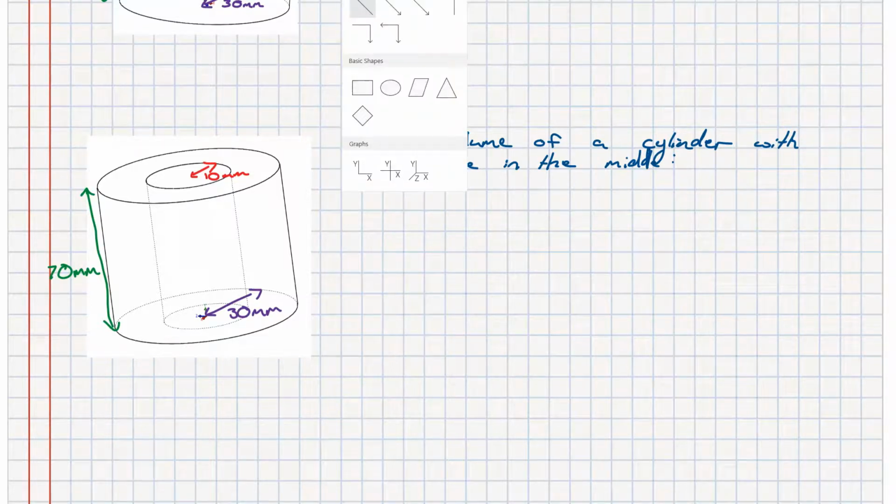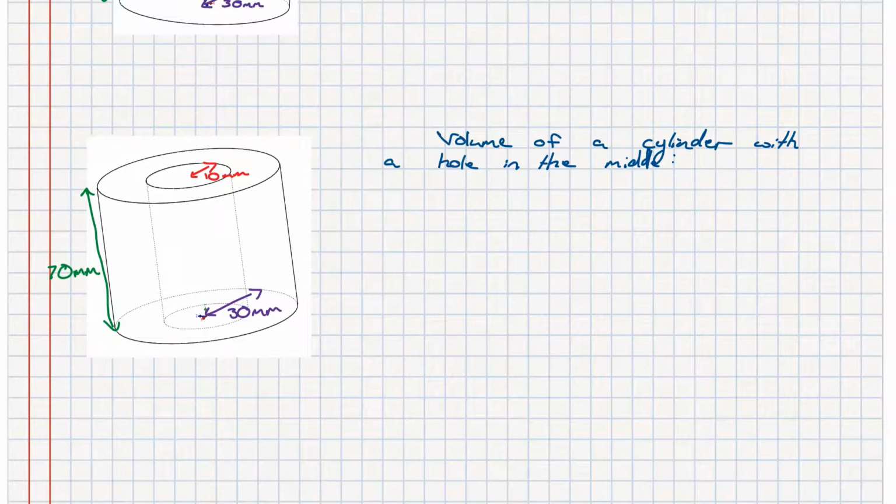If I were to draw the circle itself, a circle like that, and then a circle like that, what we find is that we've got a radius of 10, then we've got a radius of 30.